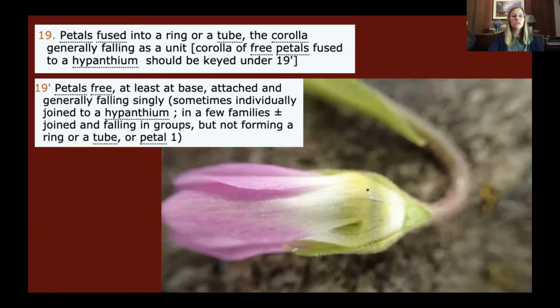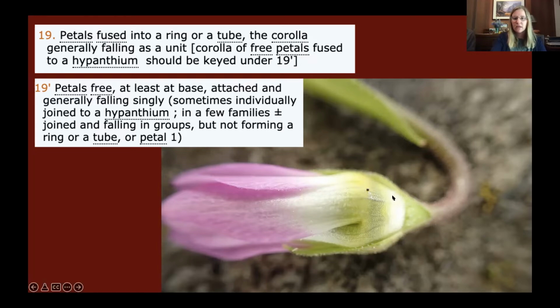Petals fused into a ring or a tube, the corolla generally falling as a unit. Corolla of free petals fused to a hypanthium should be keyed under 19 prime, or petals free, at least at base, attached and generally falling singly, sometimes individually joined to a hypanthium, and a few families more or less joined and falling in groups, but not forming a ring or a tube, or petal 1.